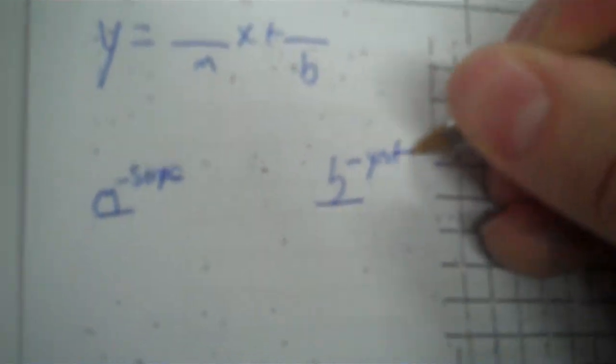Okay, next one. Y equals blank x plus blank. So m b. Plus, get that plus in there. That's important. So I have to find the slope and the y-intercept. Okay, so the y-intercept, where does it cross the y-axis? Right there. That's 1, 2, 3, 4. So your y-intercept is 4.